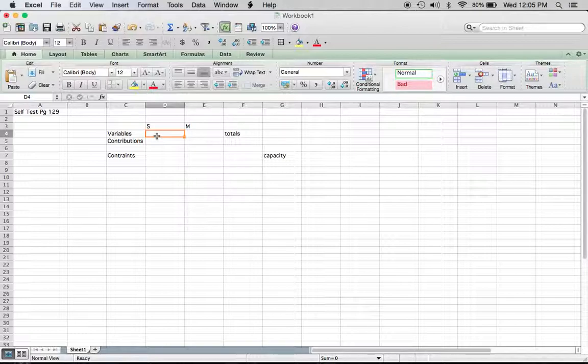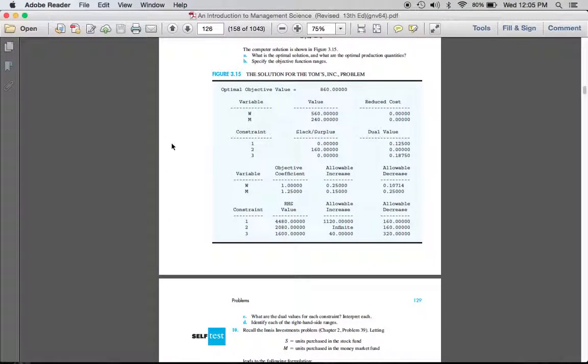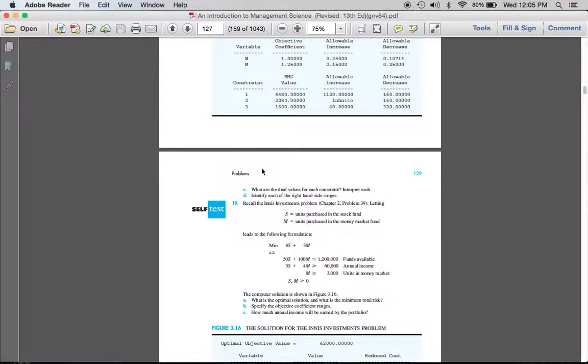All right, so we're going to start. So the contribution for stock purchases in terms of risk is what? 8. And the contribution on page 129 is 3.